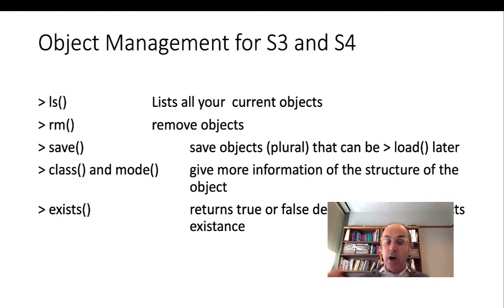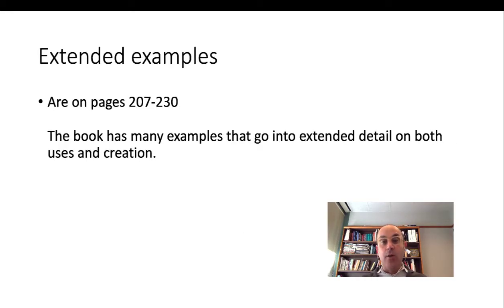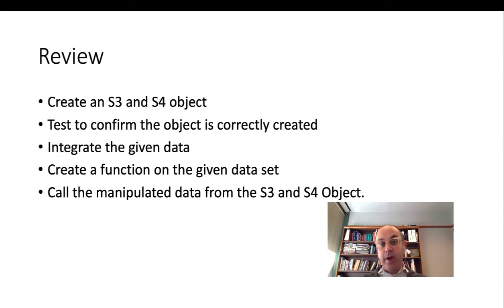And again, this applies to both S3 and S4, and exists returns true or false depending on whether the object exists or not. There are more examples throughout the textbook in pages 207, 230.